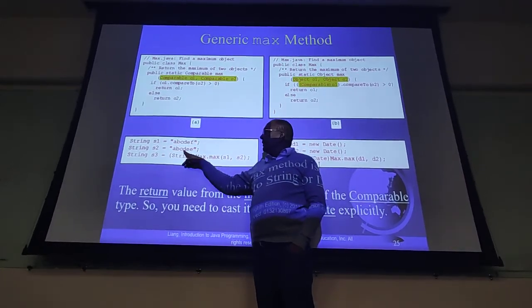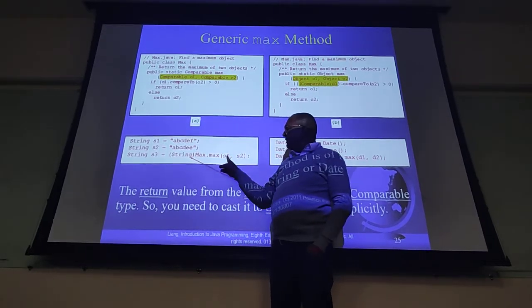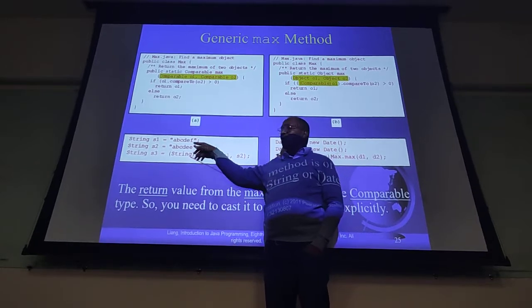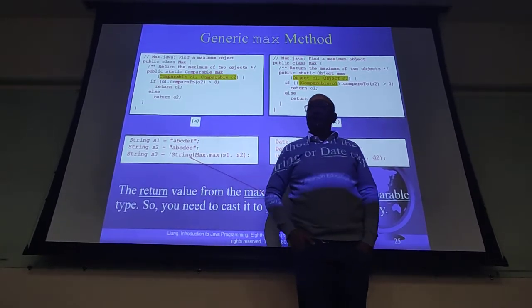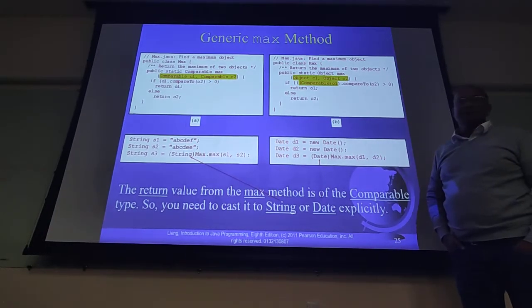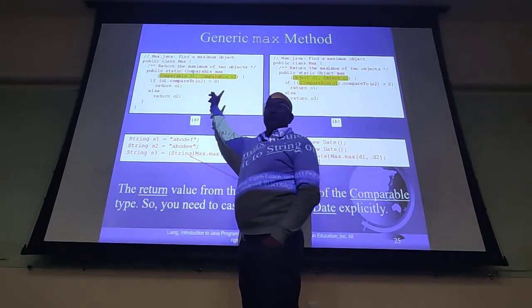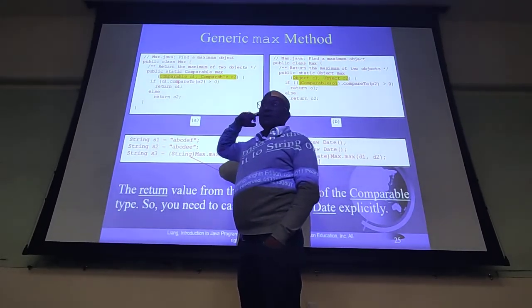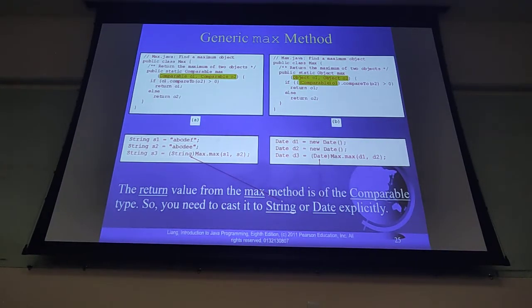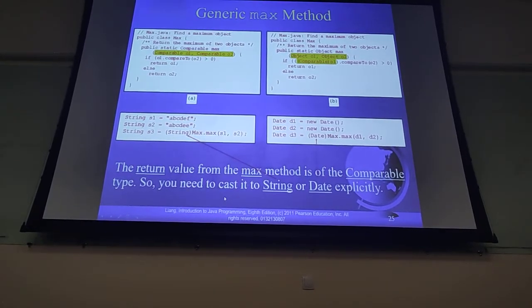Max dot max s1 comma s2. Who is the bigger one, s1 or s2? E and F. F. No, that is s1. Are you clear how the Comparable interface works? So we can use an interface as a data type. Clear, everyone?